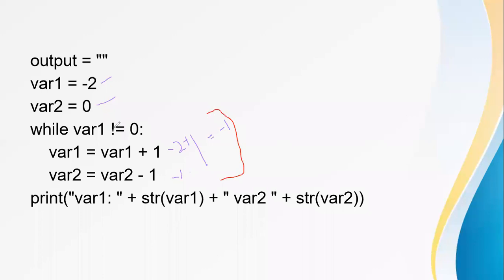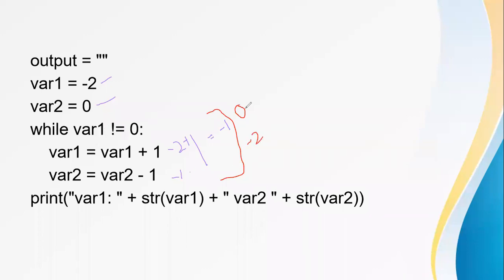Second iteration: is variable 1 not equal to 0? Yes, variable 1 is not equal to 0. Now it is -1. So variable 1 plus 1: -1 plus 1 is 0. Variable 2 minus 1: variable 2 is -1, and -1 minus 1 is -2. Again the loop will go.